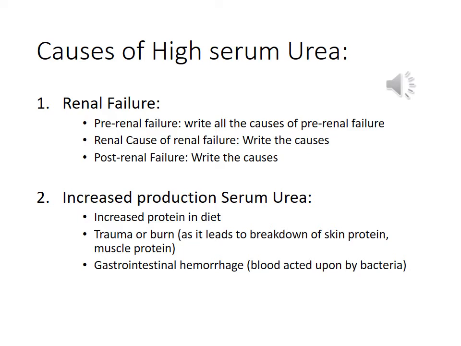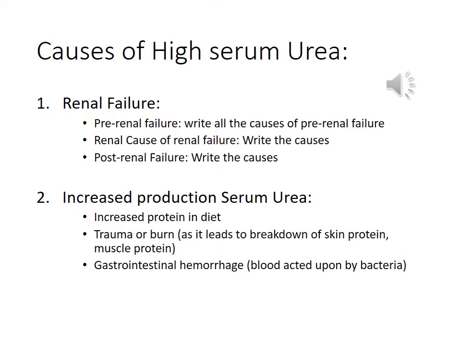The second cause of high serum urea is increased production of urea. When does this occur? If we have increased protein in diet. If we eat increased protein in diet, there will be increased catabolism of protein, which will lead to increased urea production.